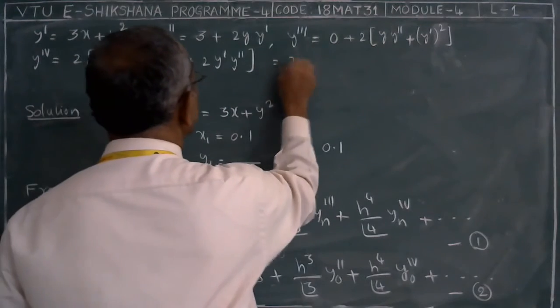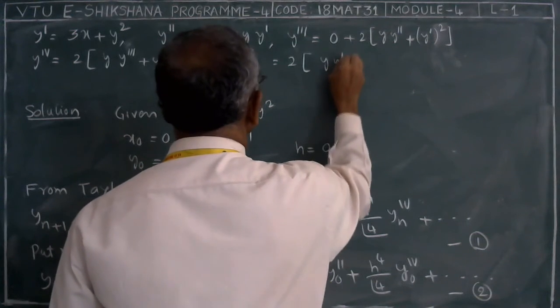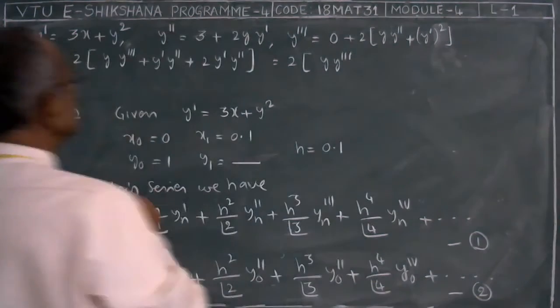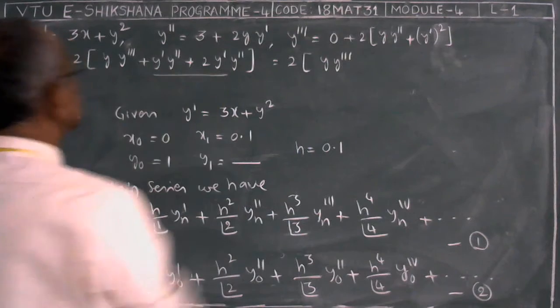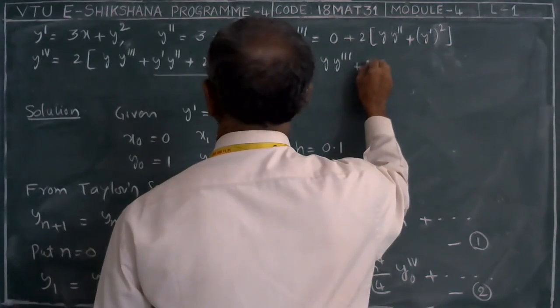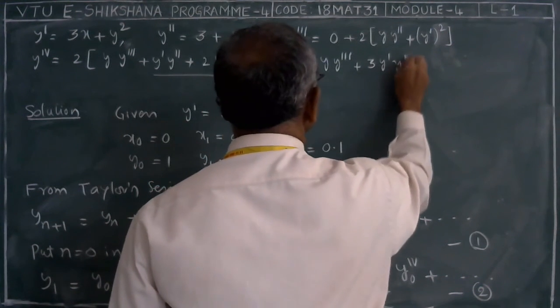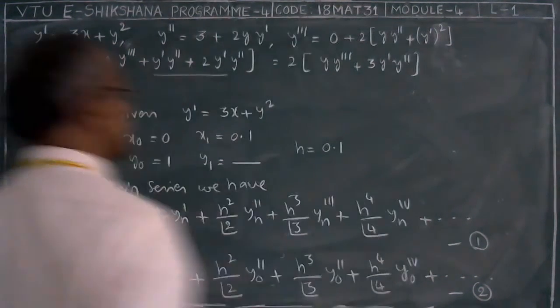So this is equal to 2 into y triple dash, so you can add these two: 3 times y dash into y double dash.